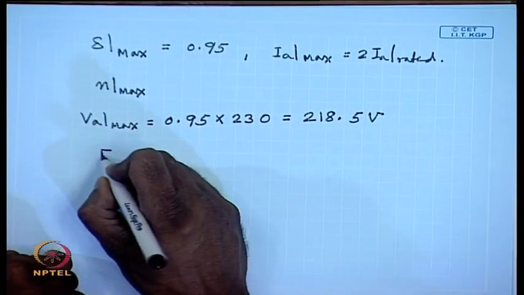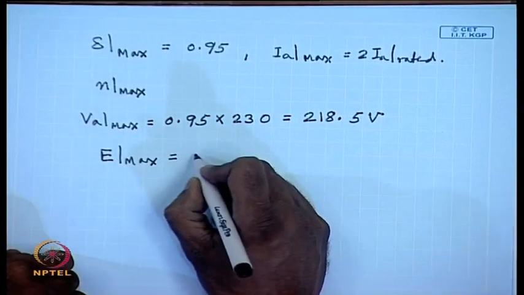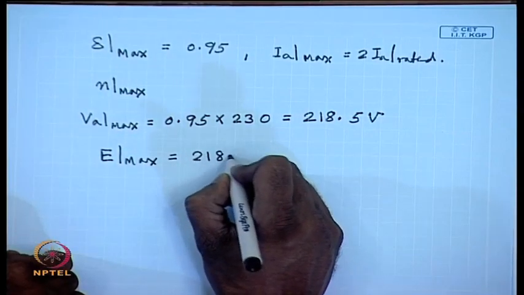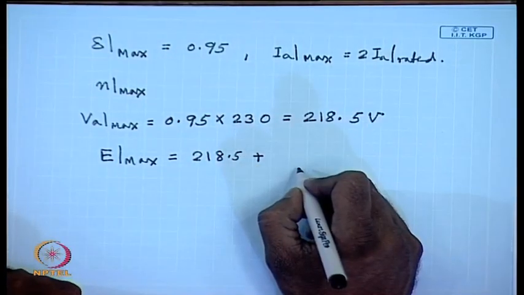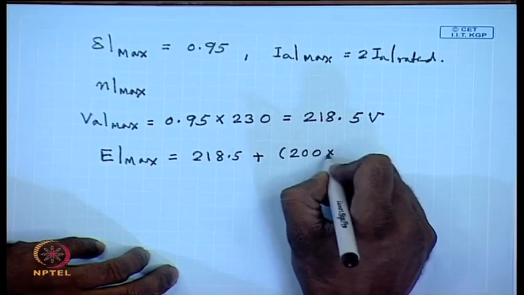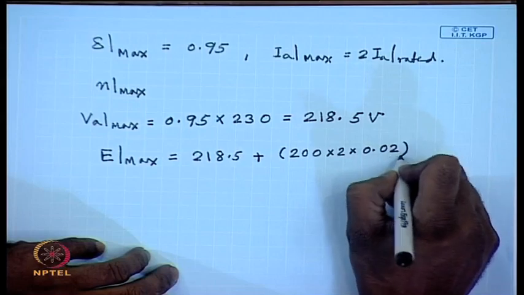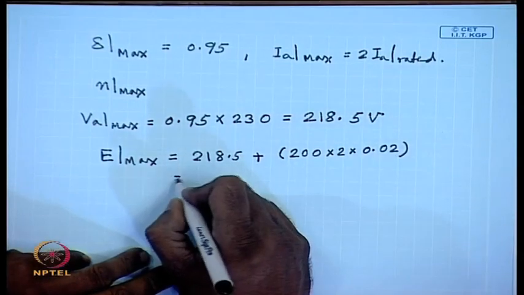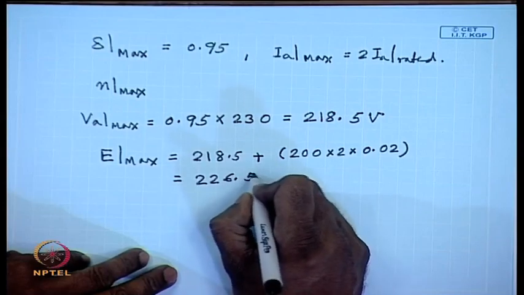So, E max equal to 218.5 volts plus maximum armature current, which is 2 times the rated current of 200, into armature resistance. This comes to 226.5 volt.